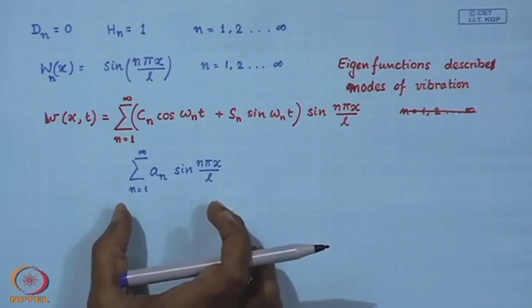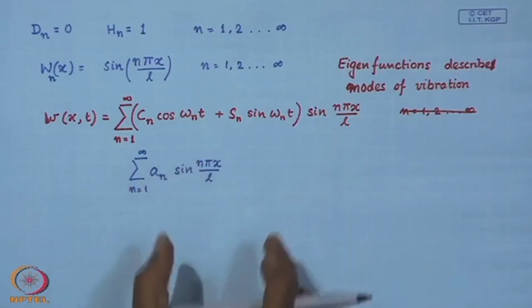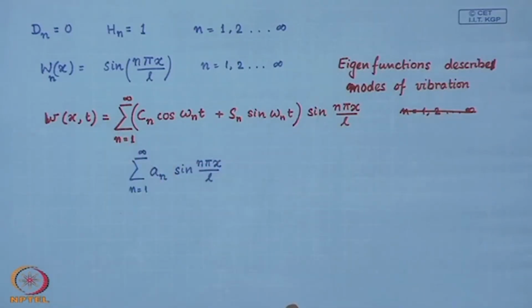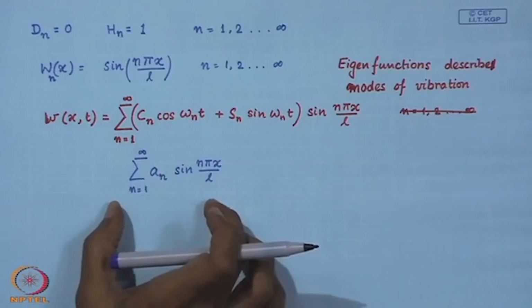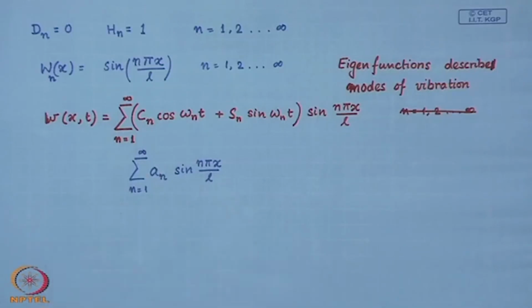So, this structure of the solution finally what we have is like a Fourier sine series.